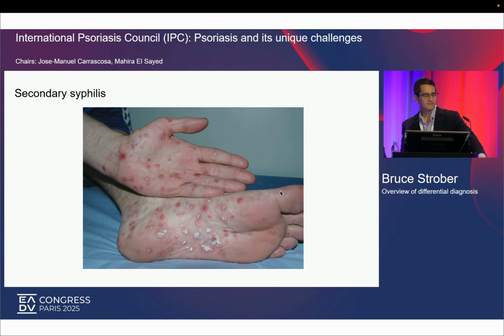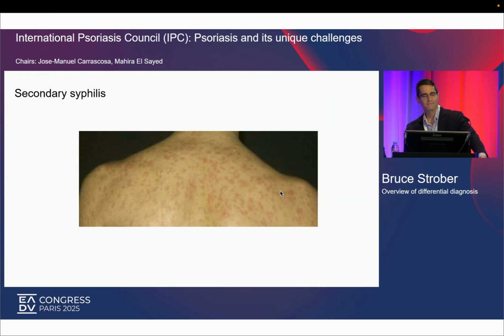And then syphilis, secondary syphilis. And if you saw this presentation as a dermatologist, you immediately should be testing for syphilis, right? Because of just the location alone. Discrete papules with some scale over the palms and soles. But there are presentations of syphilis that are more widespread on the body, and they actually can look very psoriasiform.